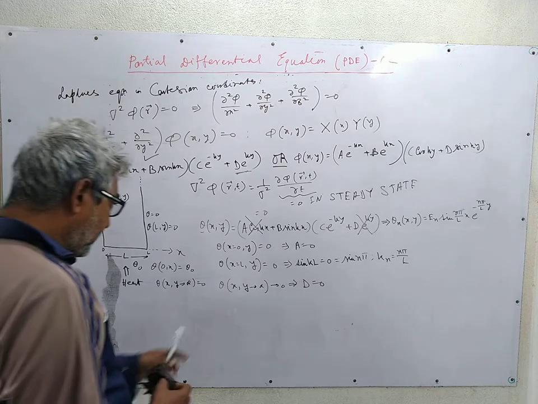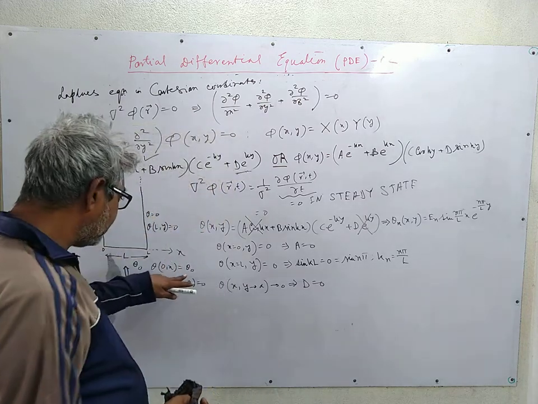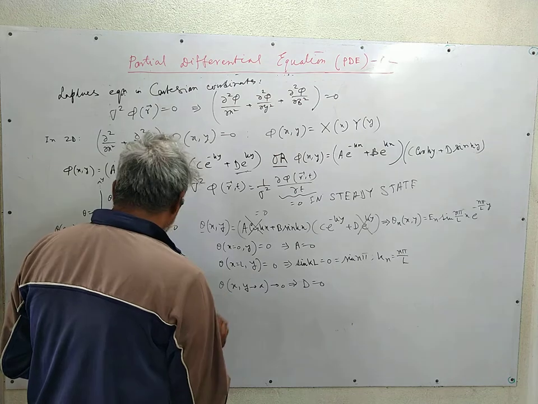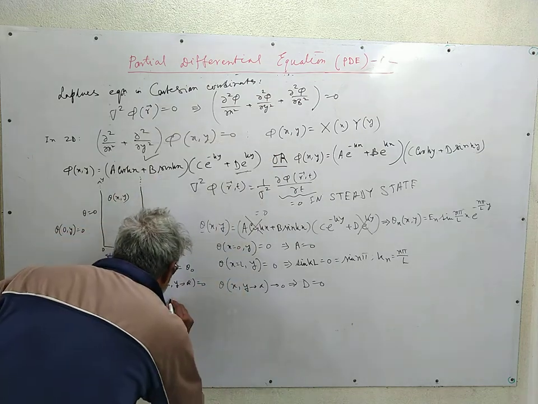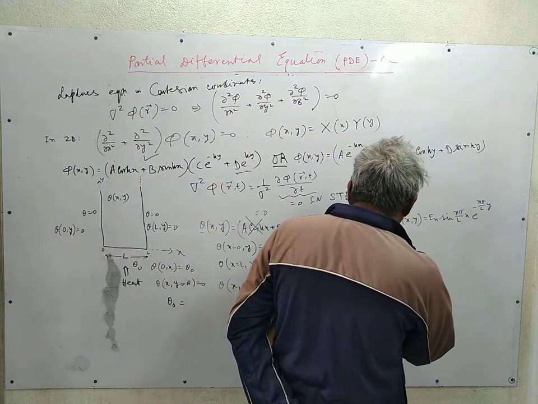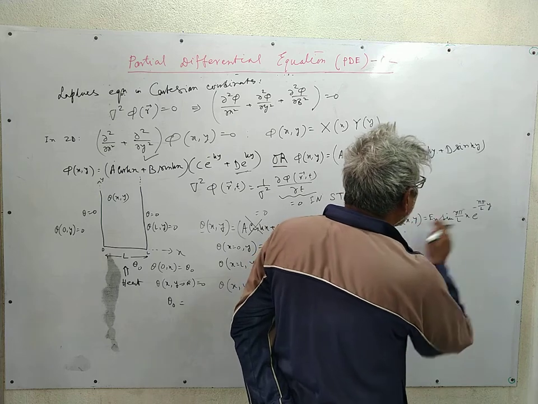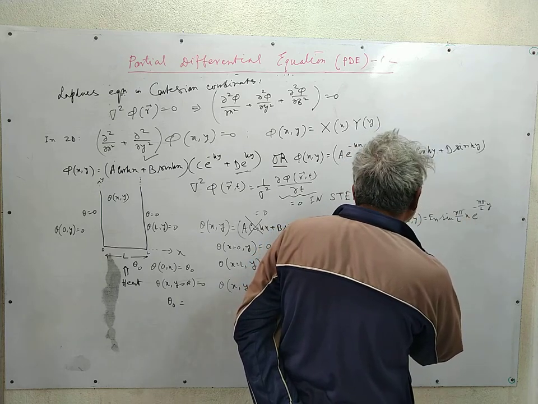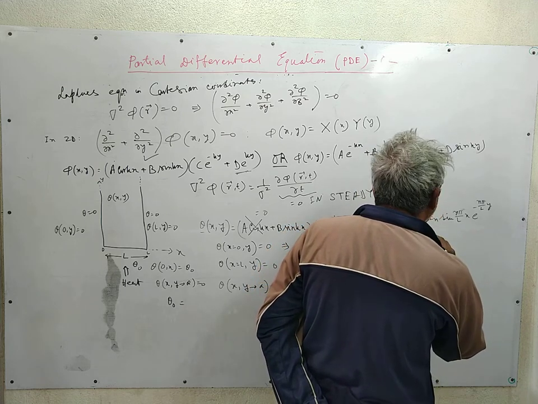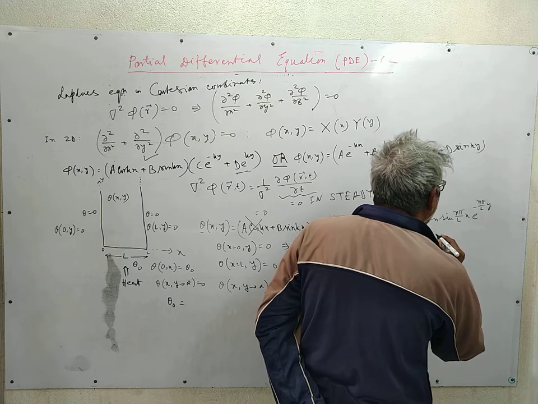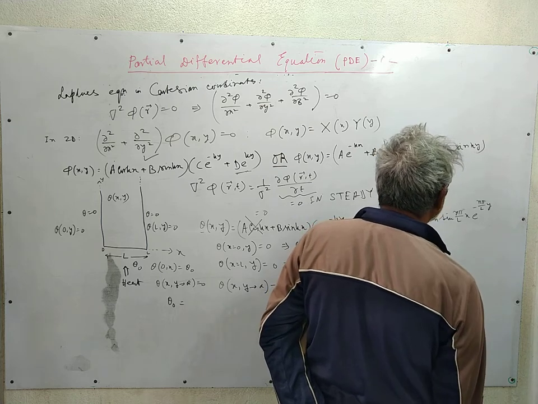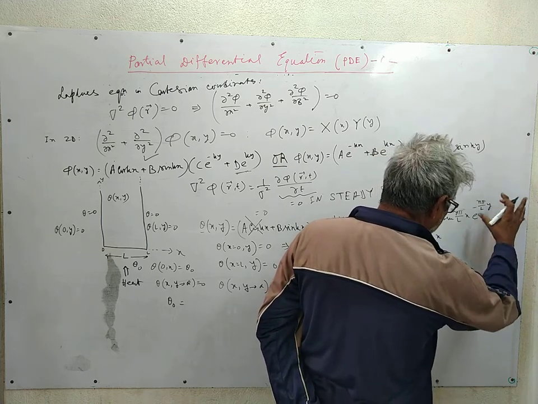Now the last condition, that is this constant temperature. If we apply this, we get theta 0, which is a constant. Theta 0 is equal to the value at y equal to 0. If we put y equal to 0, it is E_n sine of n pi x by L, and as y is equal to 0, this exponential part is 1.